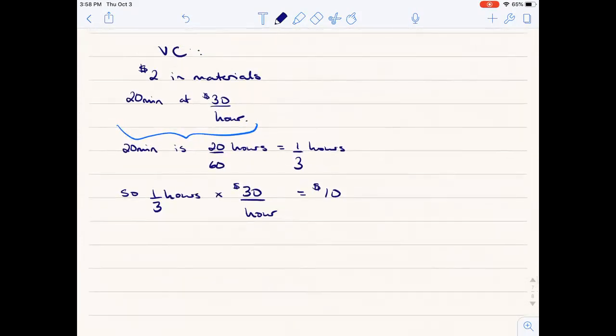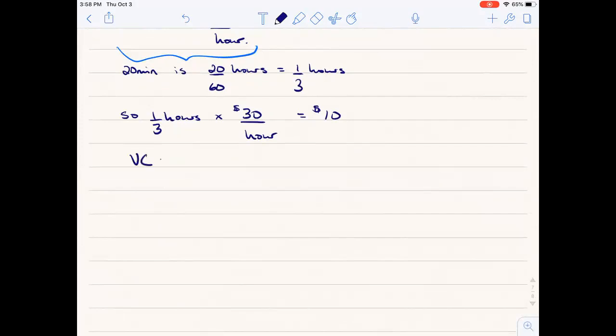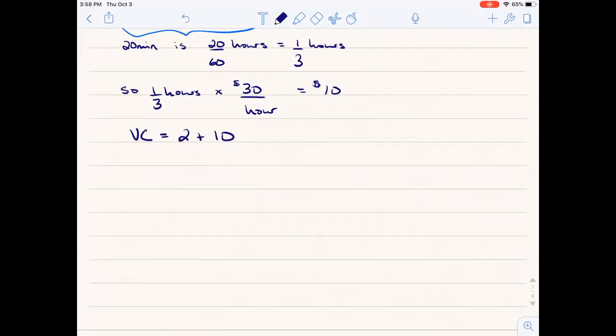So our variable costs are going to be the $2 in materials plus the $10 in time. So the variable cost is 2 plus 10 times however many units, so the variable cost is 12x.